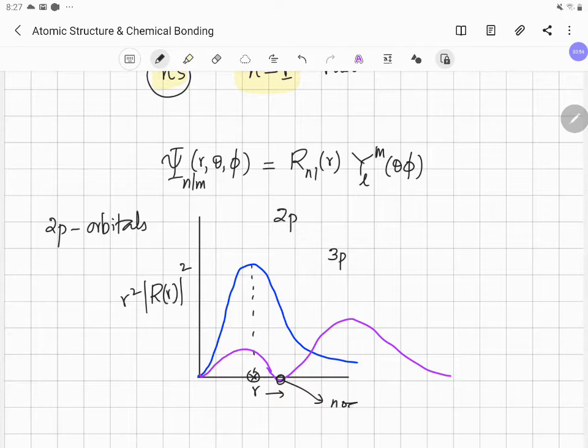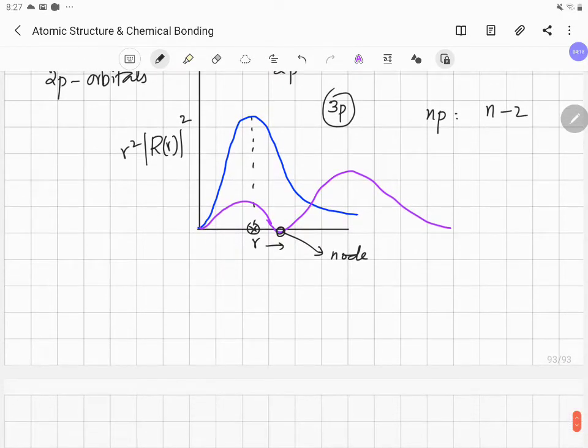So the nodes for p orbitals start from 3p. In general, for np orbitals, the number of nodes is n minus 2, right? So for 2p there are no nodes, for 3p there is one node, etc.